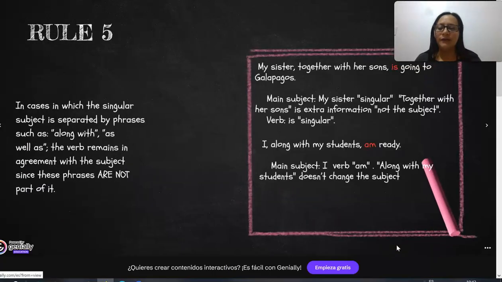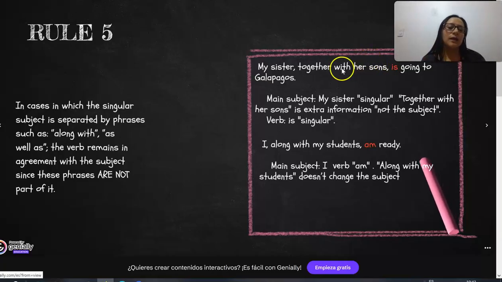And number 5. In case the singular subject is separated by phrases such as along with, as well as, the verb remains in agreement with the subject since these phrases are not part of it. For example, here is my sister, which is the singular subject. That's why I have is. Together with her son, actually it's not a part of the subject, it's just extra information.